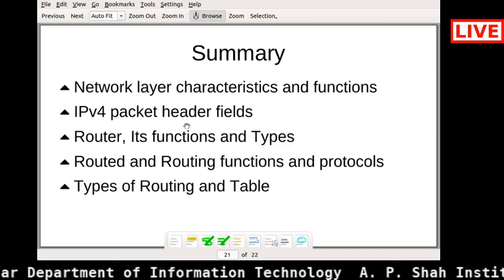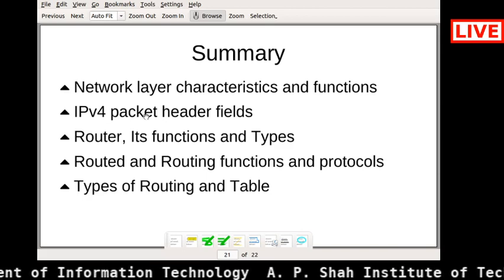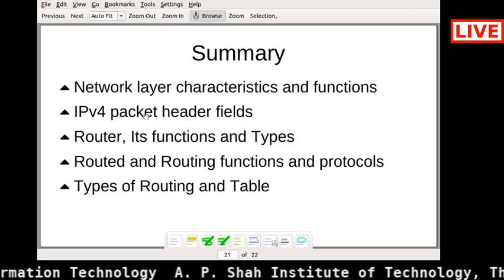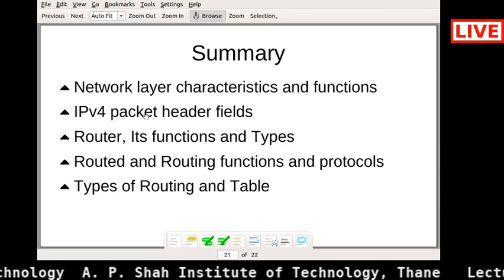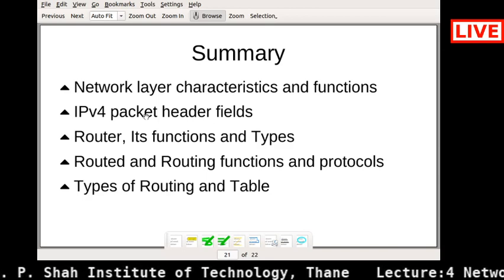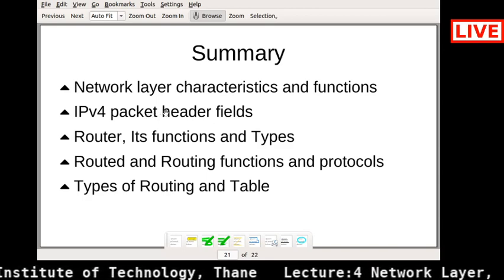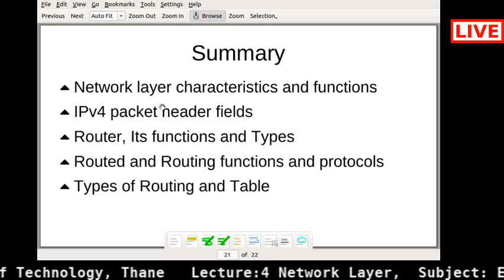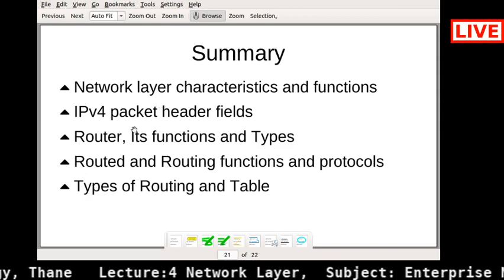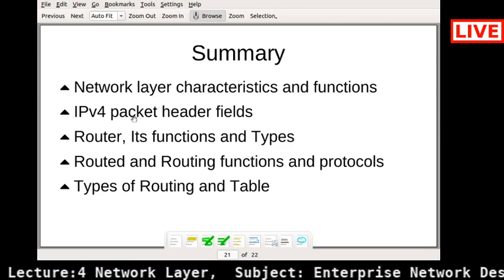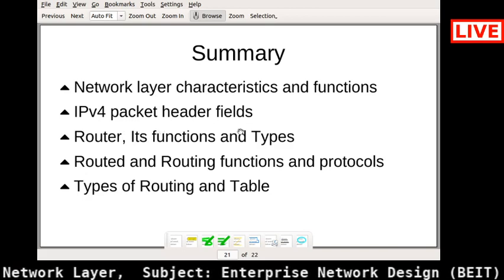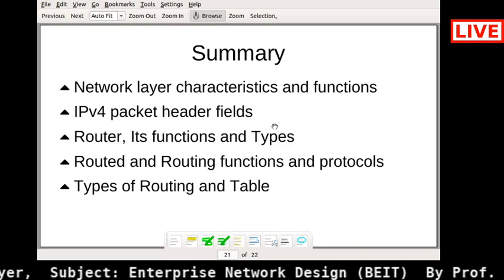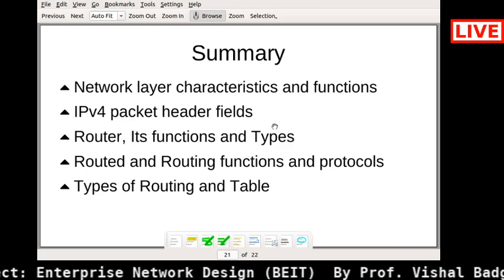We saw the IPv4 packet header format diagram: source address, destination address, checksum, version, protocol, and all those things. Then what a router is, a network device, its functionalities, and types of routers, fixed router and other routers.